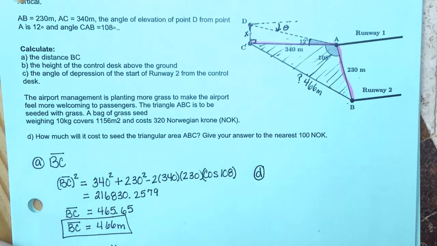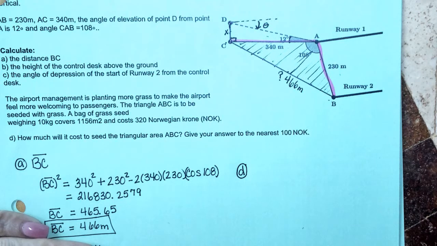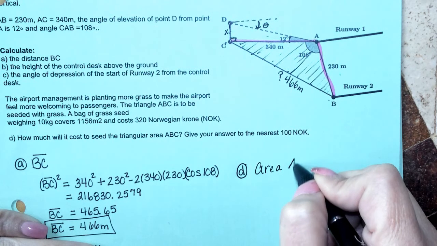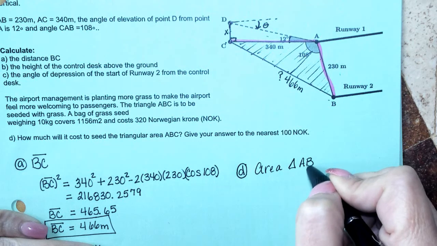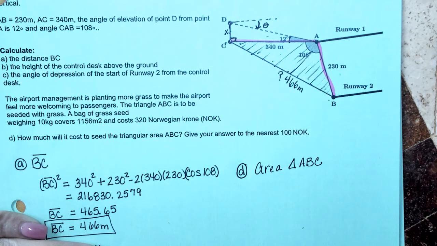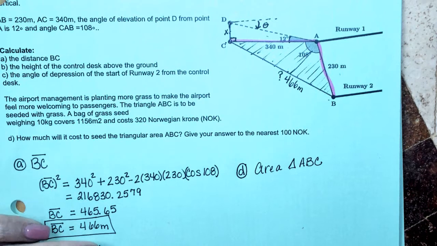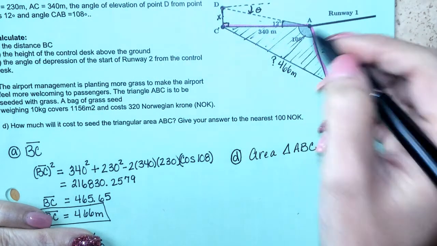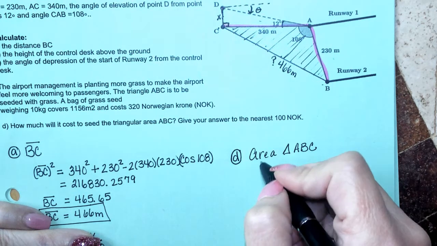So what do I need to know? I need to know the area of triangle ABC. Well, if I remember right, I have a formula for area. It's 1/2 base times height, but I don't know the height, and I don't want to spend the time finding the height.